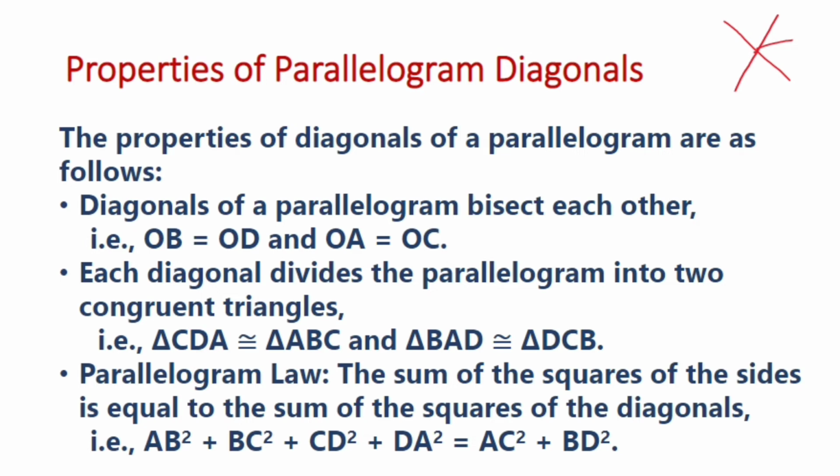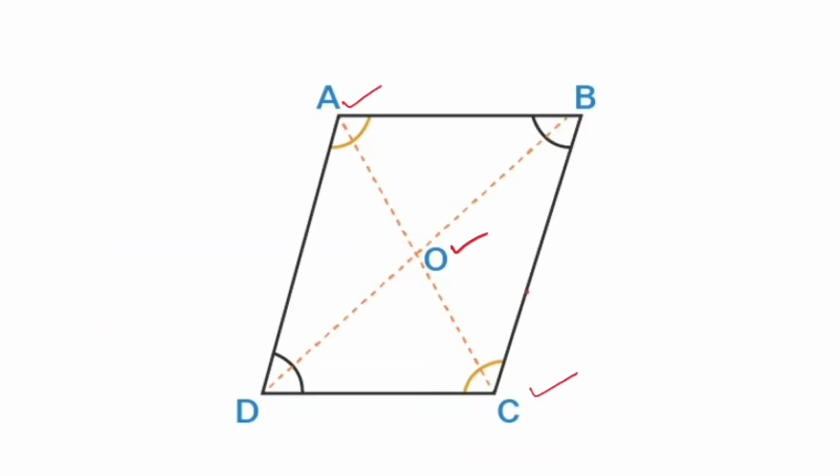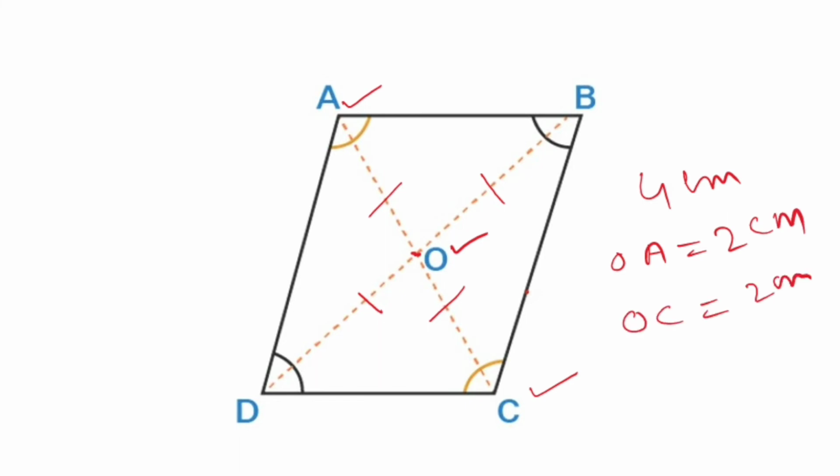Divide into equal parts. This point is dividing AC into equal parts. Suppose this length is 4 cm. What is the length of OA? It would be 2 cm, and OC 2 cm. Why? 4 cm divided by 2, as per the definition.